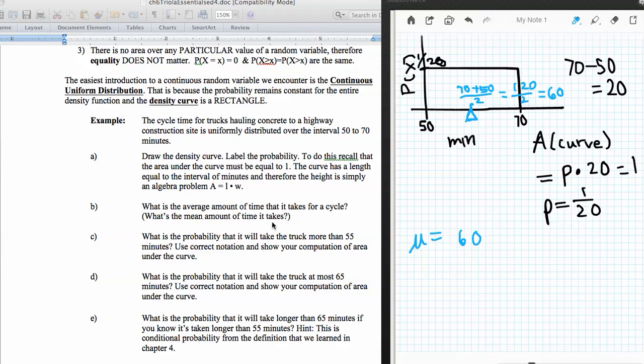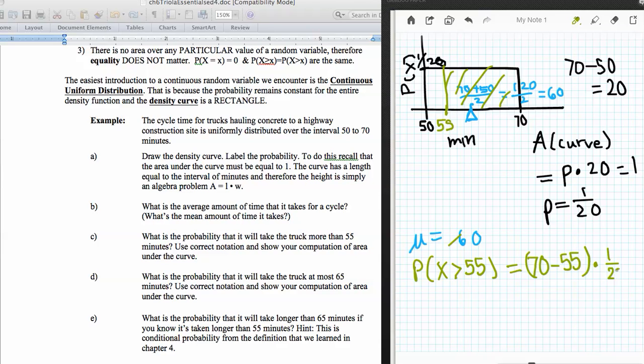The next thing that we're asked here is what is the probability that it will take the truck more than 55 minutes. So 55 minutes would be over here, so let's go ahead and put that in. And if this is 60, then I'll call this 55, right? And so if I want to know that probability, then what I'm being asked to find is the area under the curve right here. So the probability that x is greater than 55 is equal to the width of this interval. 70 minus 55 is the width of that interval, and then times the probability, because it's just finding the area under the curve.